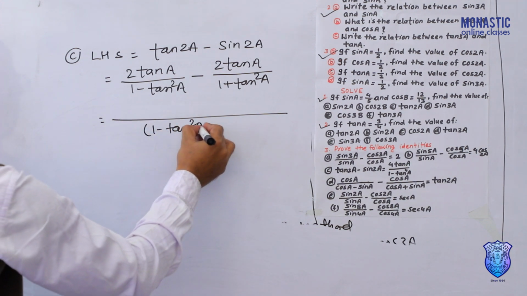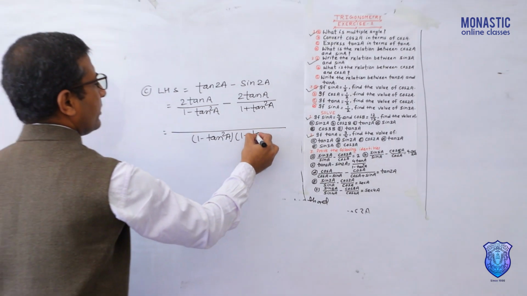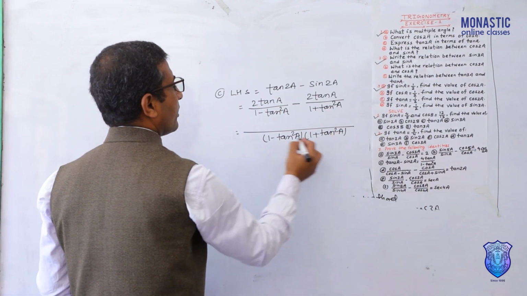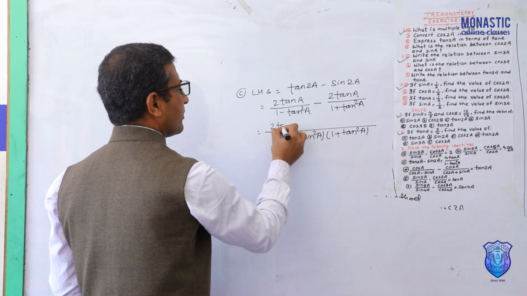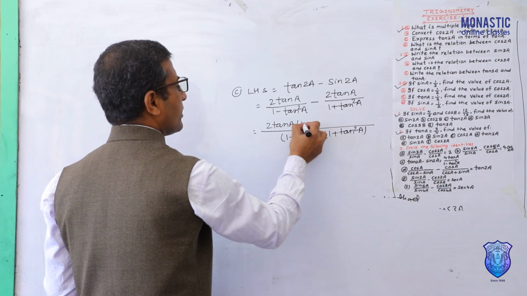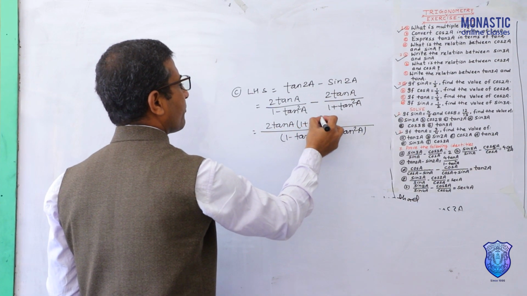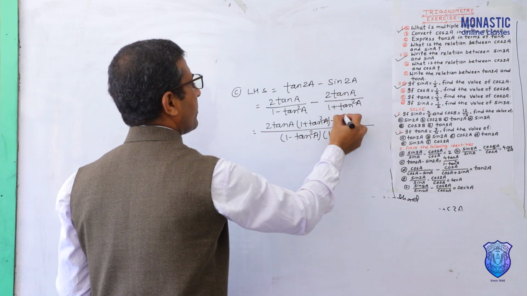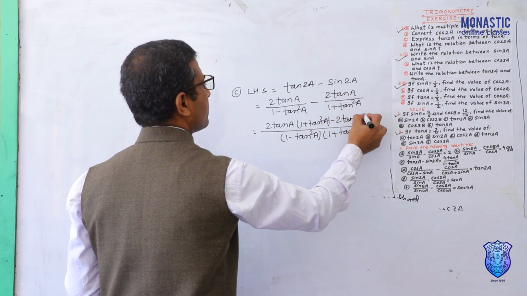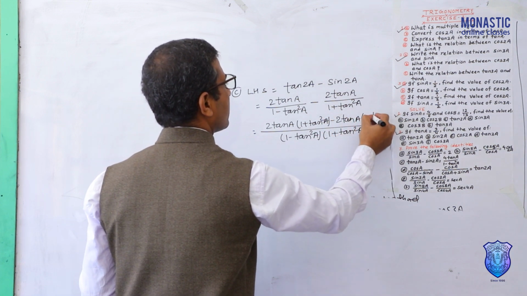Both are different, so take the LCM. 2 tan A is multiplied with 1 plus tan square A, and minus 2 tan A is multiplied with 1 minus tan square A.